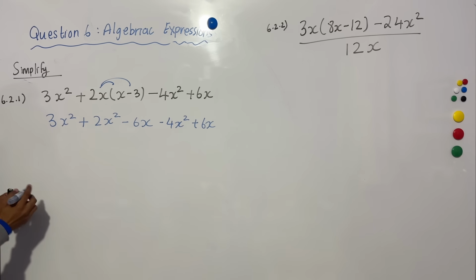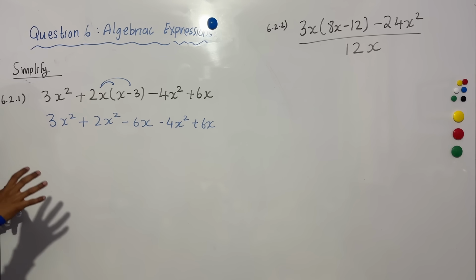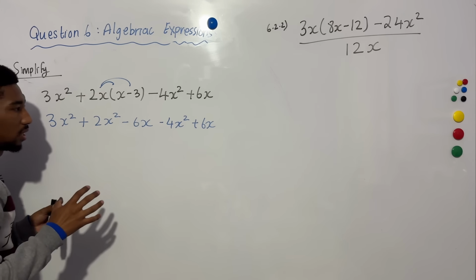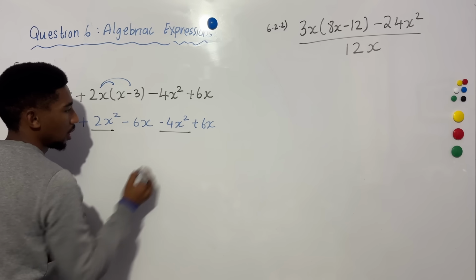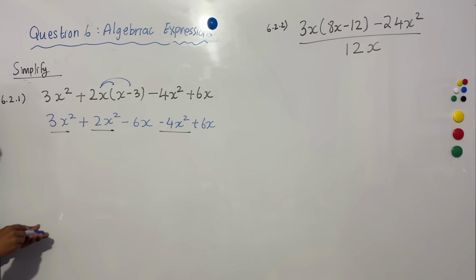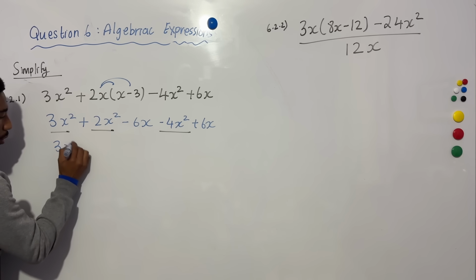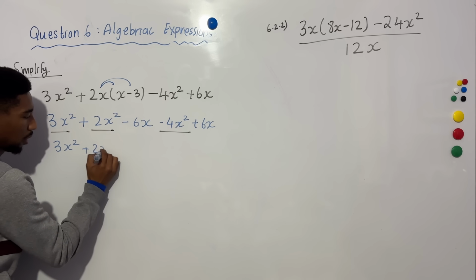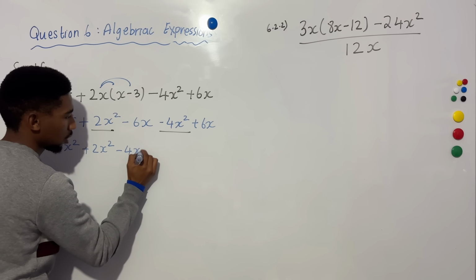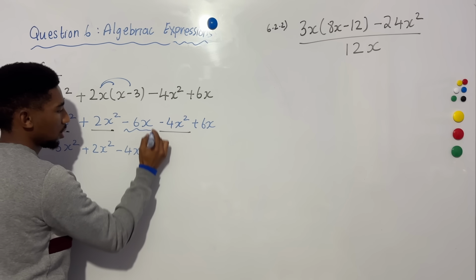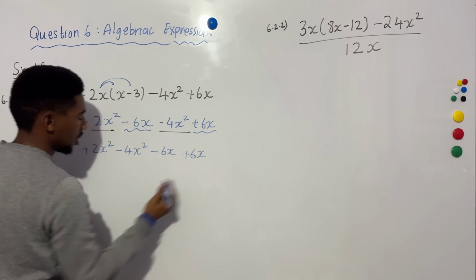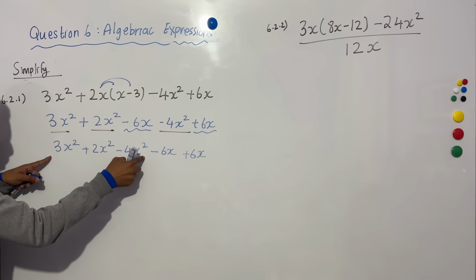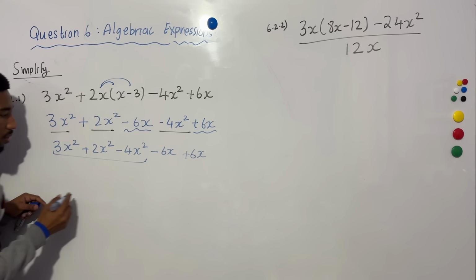Now we're looking for our like terms. We know that it has to be the exact same letter and the exact same exponent. So like term, like term, like term, put them together or next to each other. We have 3x squared plus 2x squared minus 4x squared. Then we can see minus 6x plus 6x is like terms. Let's do these like terms first.